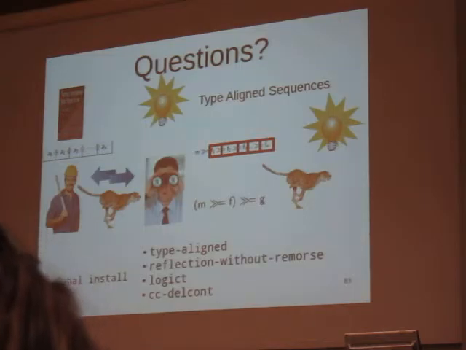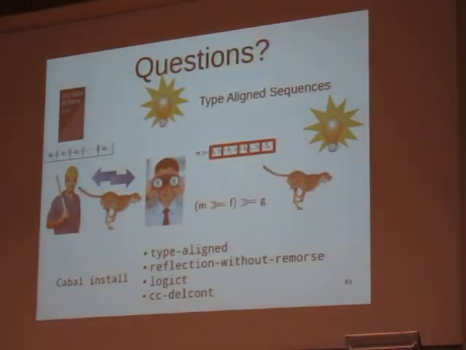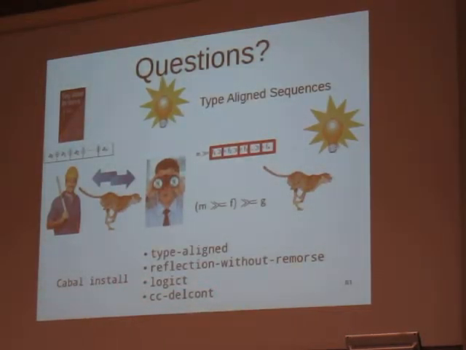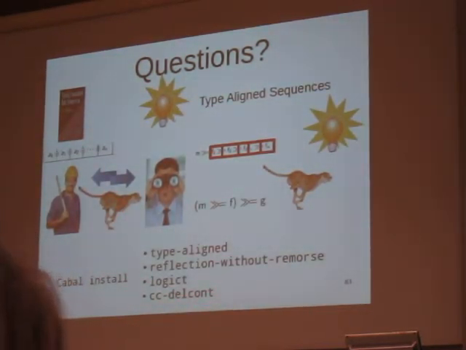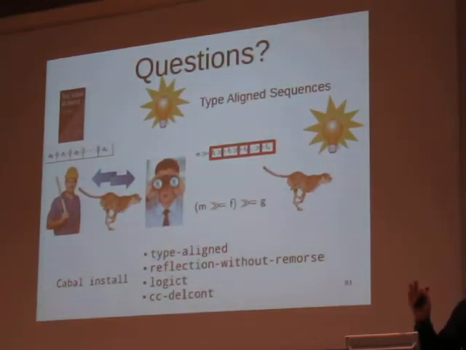Type-aligned, which contains type-aligned sequence data structures; Reflection Without Remorse, which contains free and operational monads, which have efficient alternating between building and observing. You have this LogicT, which I sort of explained, and I suggest you don't install this package, because this is the limited continuation package. Yeah, and this is the whole thing again, which is totally understandable only for me, I think, but okay. That was it.